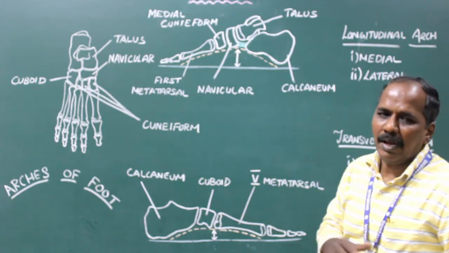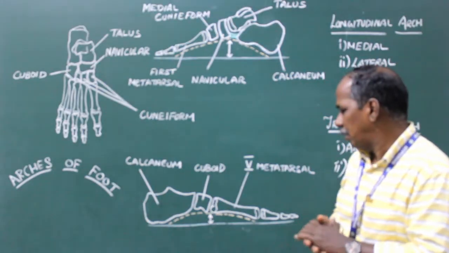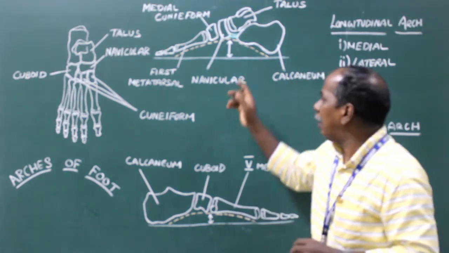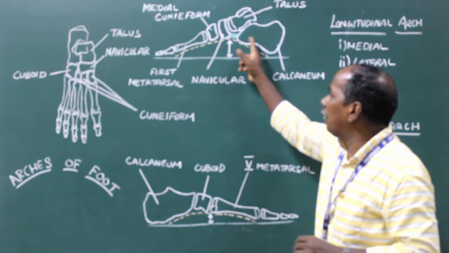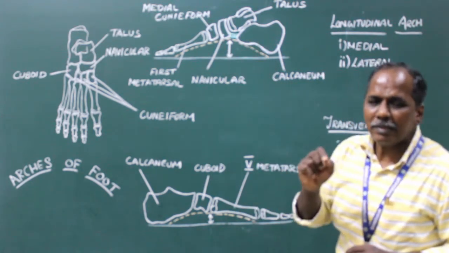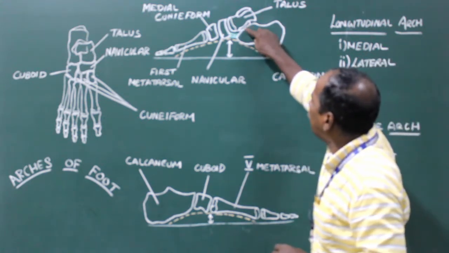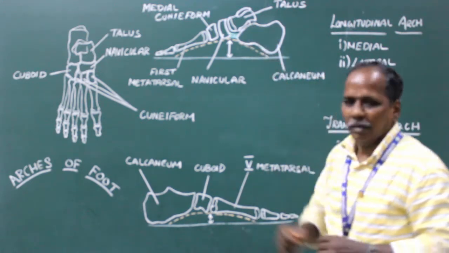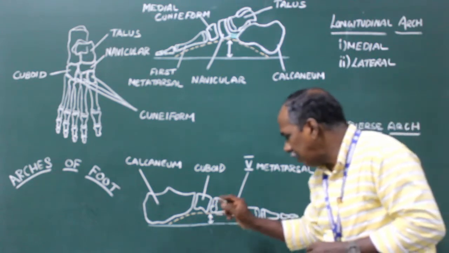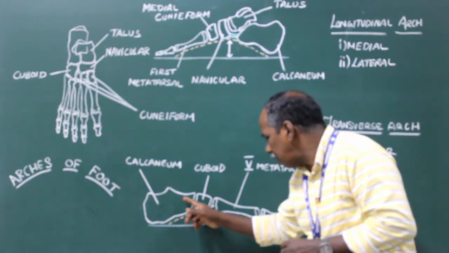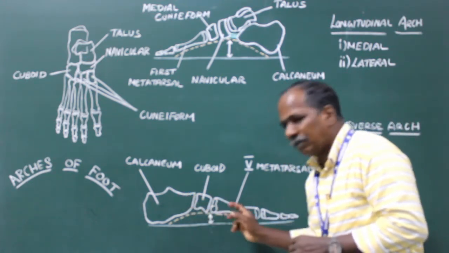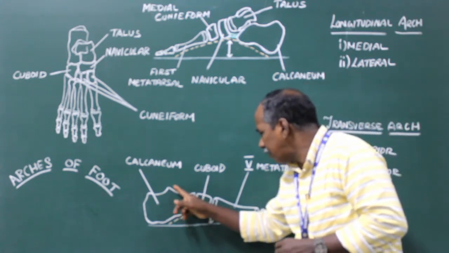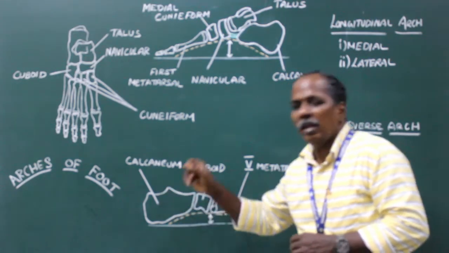Medial longitudinal arch: the bony factor maintaining the medial longitudinal arch is sustentaculum tali. The bony factor maintaining the lateral longitudinal arch is superior surface of calcaneum.